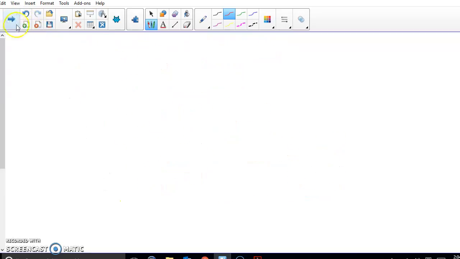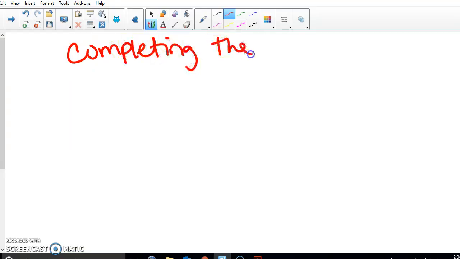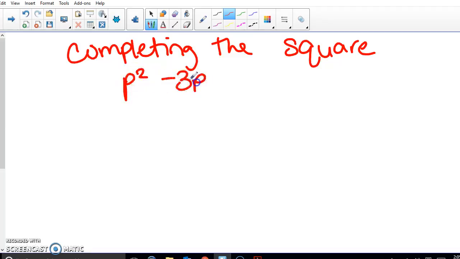Now we're going to look at completing the square. So we're going to look at p squared minus 3p minus 88 equals 0. The first thing we're going to do is move this 88 over.